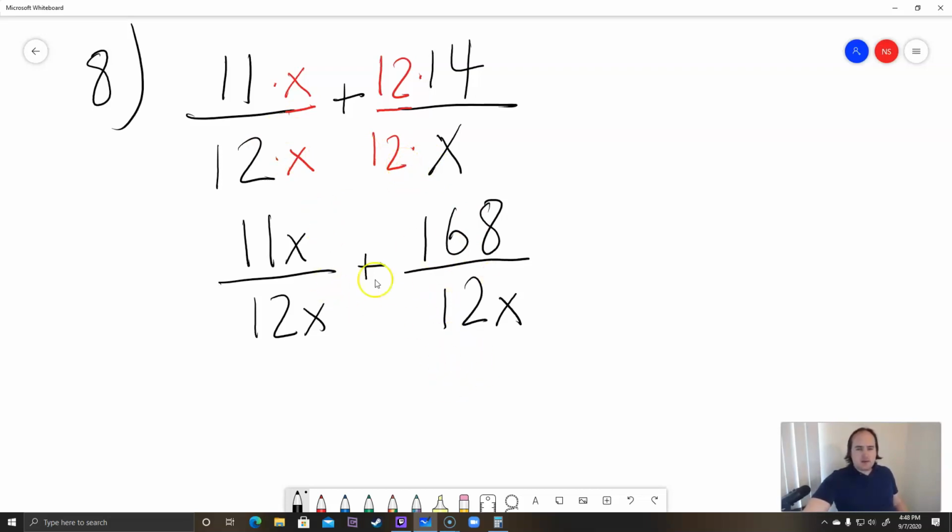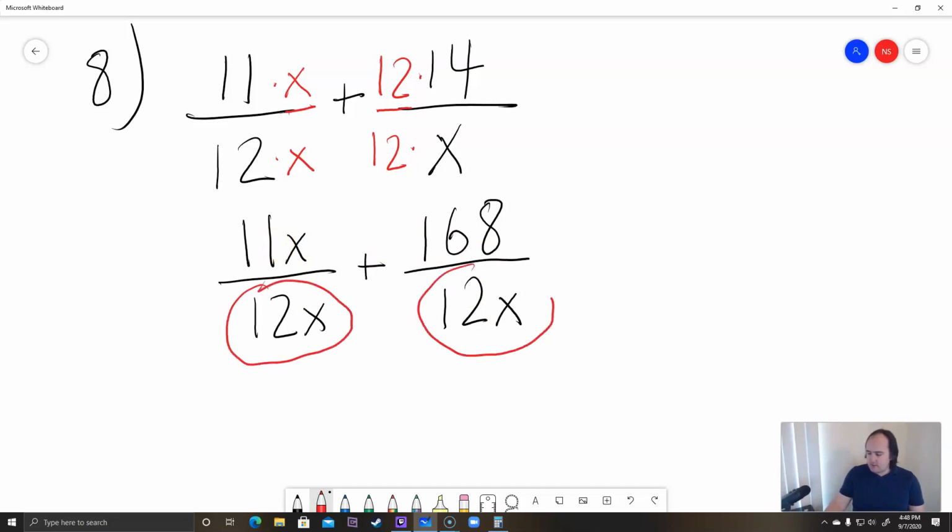All right, and now we can combine these two fractions because they're actually like fractions now. So they have exactly the same denominator. Each denominator is exactly the same. So how do we combine them? Well, we keep the denominator and we add the numerators.